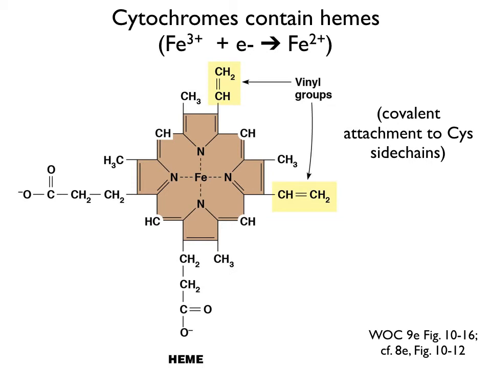So you see the Fe, the iron atom, in the middle of this, and the little dotted lines show that the iron atom is held there in this particular portion of the molecule.